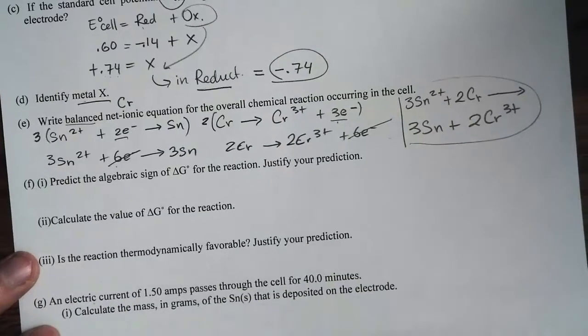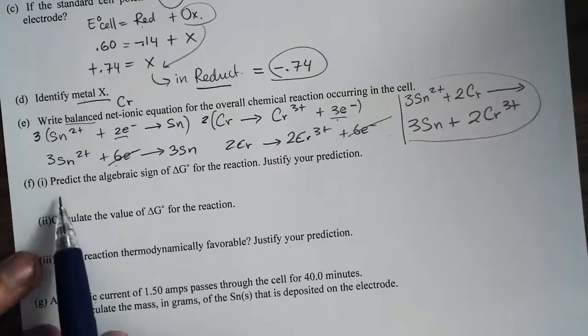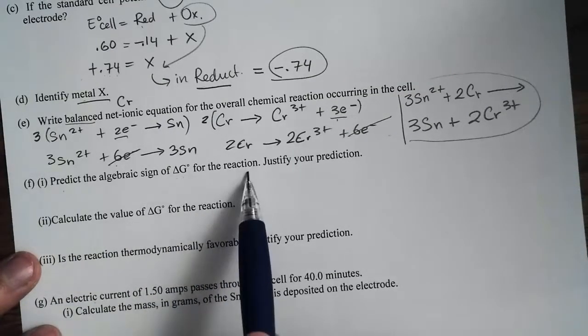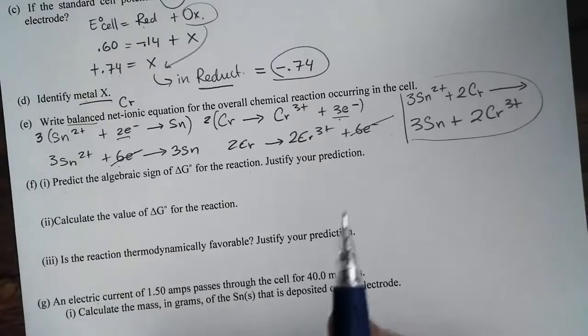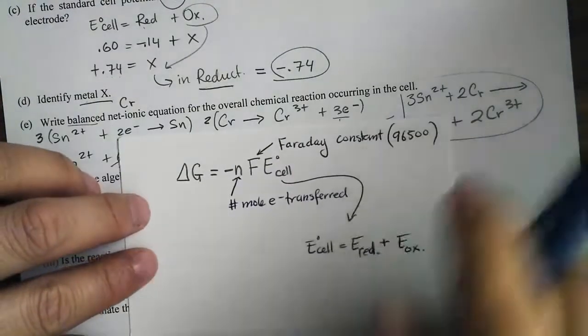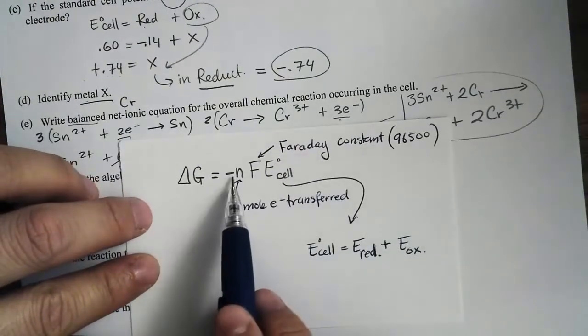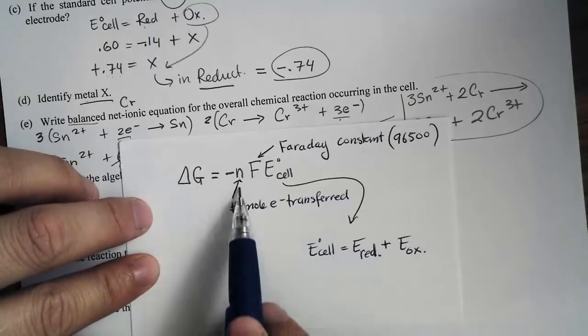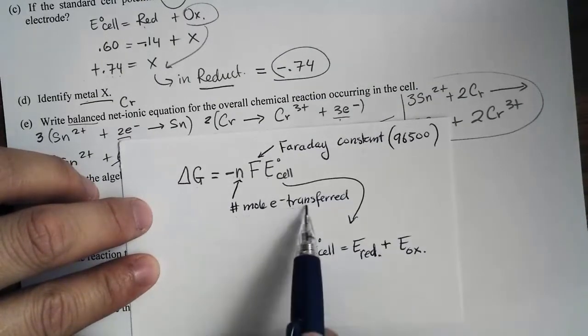And what's the next question? The next question is, predict the sign of delta G for the reaction and justify your prediction. If we do that problem, we have to realize what delta G is equal to. We know that delta G is equal to negative n F E cell. And what's n? n is the number of moles of electrons being transferred.